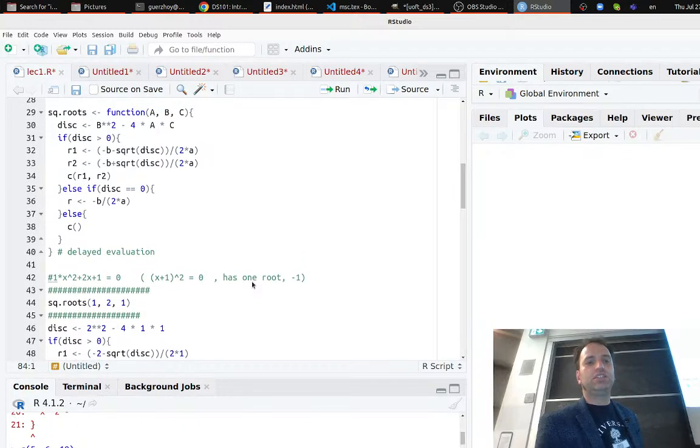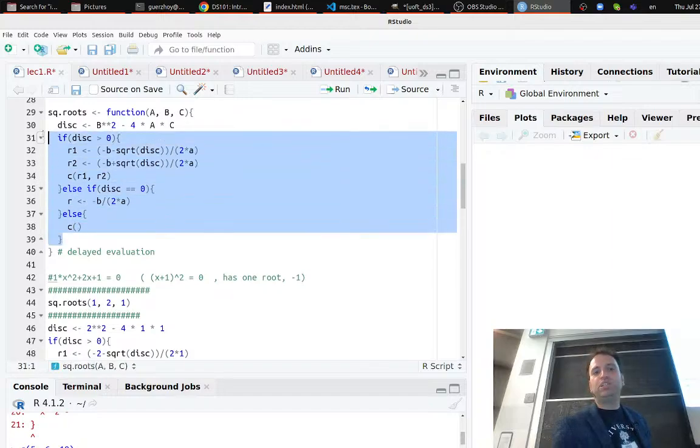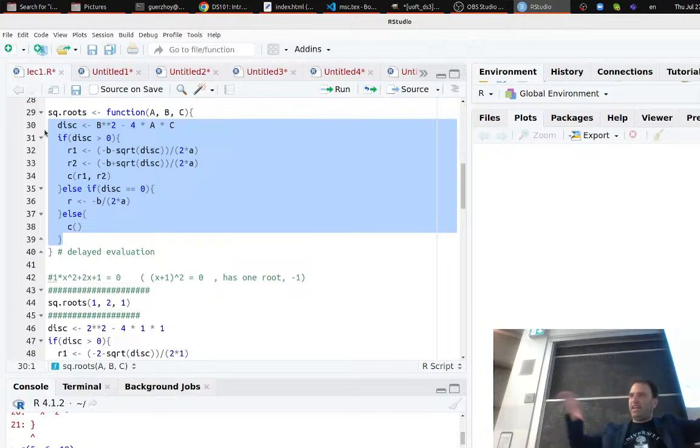So we started saying square root 1 to 1, then we put 1 in here, 2 in here, 1 in here, and we just said whatever is the value here, when you plug in A equals 1, B equals 2, C equals 1, that's the output. Right?